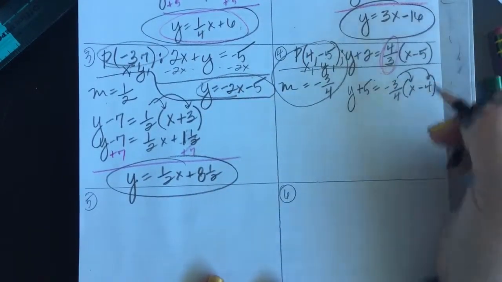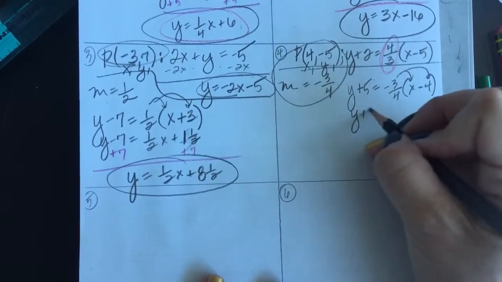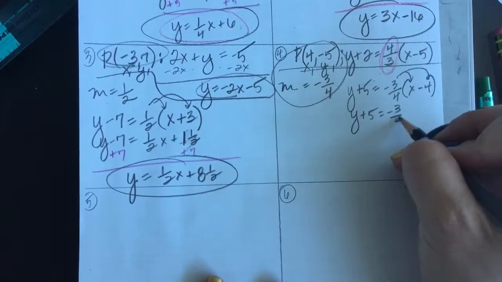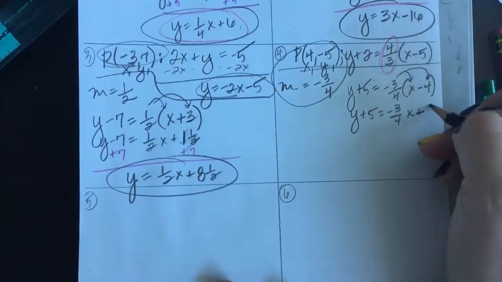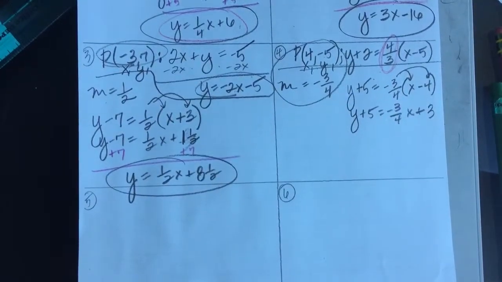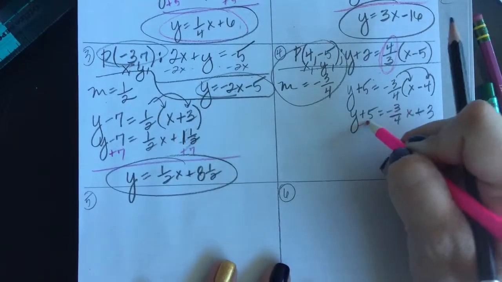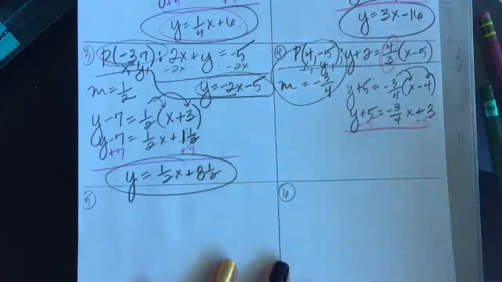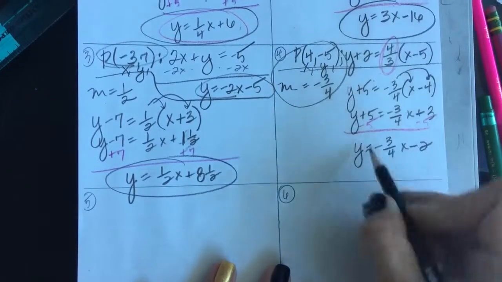And when I distribute my -3/4, I'm going to get y + 5 = -3/4 x + 3. Negative 3/4 times -4 is going to give me positive 3. Then I'm going to subtract 5 from both sides to get it in y = -3/4 x - 2.